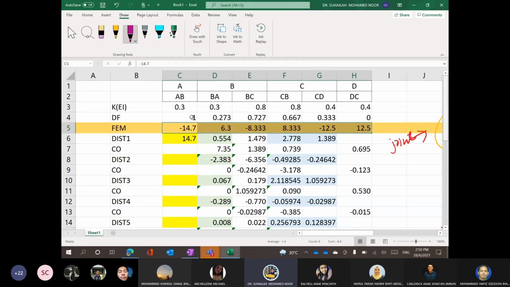Or you can change the FEM by putting the new FEM value.